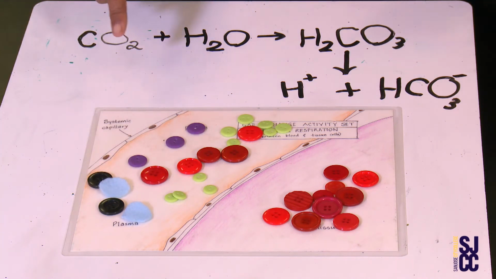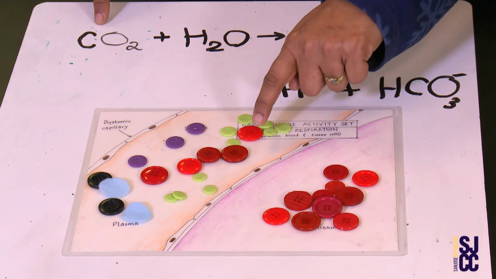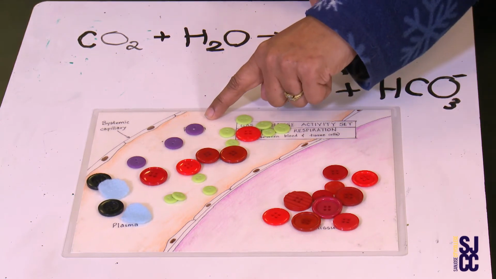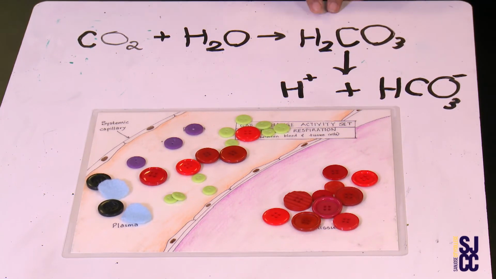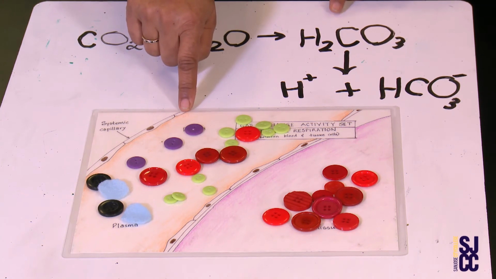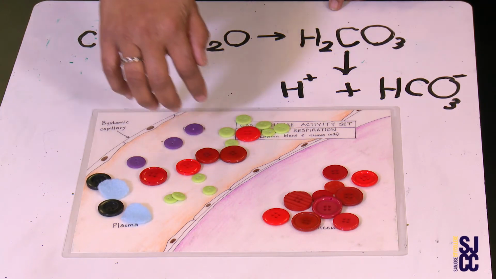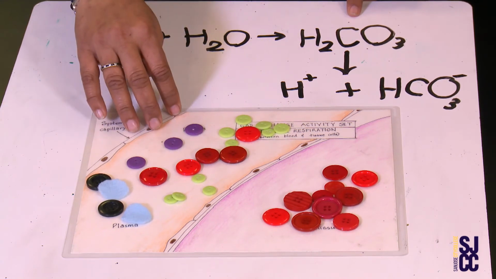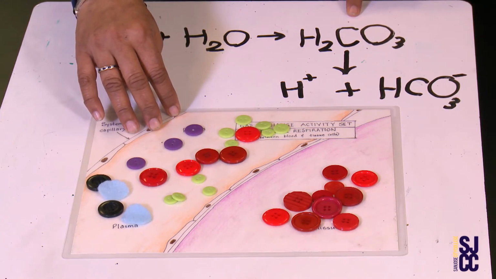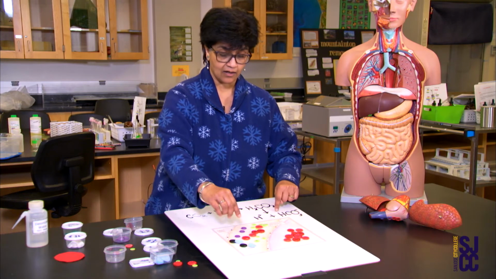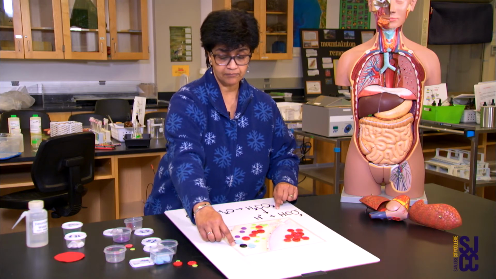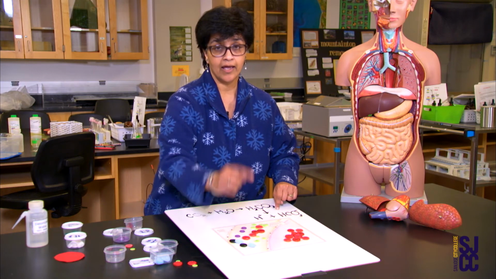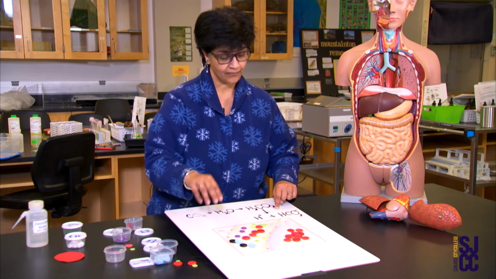So now what happened is carbon dioxide is not in equilibrium with carbonic acid anymore. So carbon dioxide and carbonic acid have a concentration gradient, so more carbon dioxide will become carbonic acid, and carbonic acid will become hydrogen ion and bicarbonate ion.